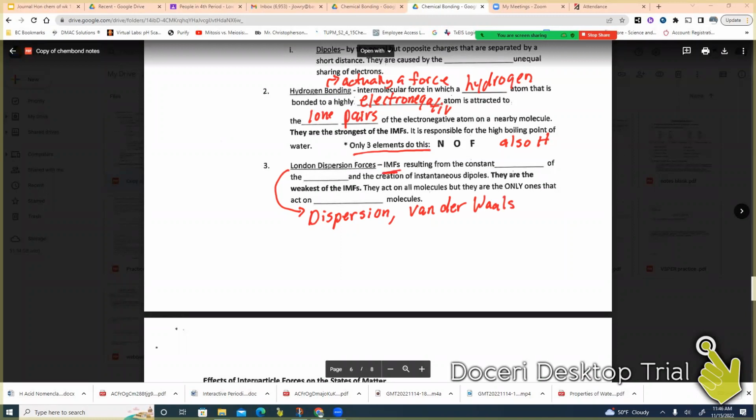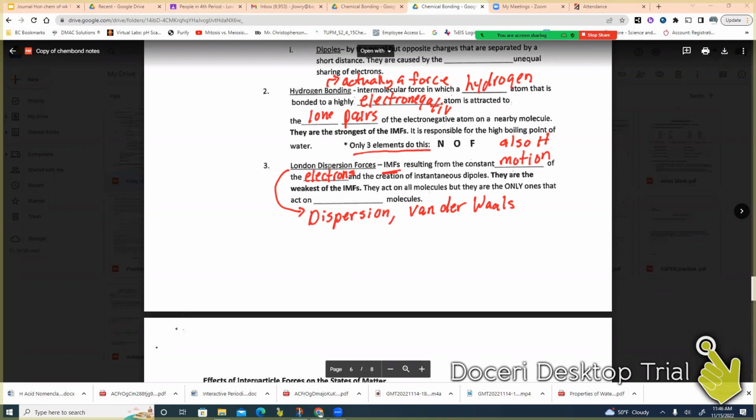So IMFs is just an abbreviation for intermolecular forces. London dispersion forces result from the constant motion of the electrons and the creation of an instantaneous dipole.